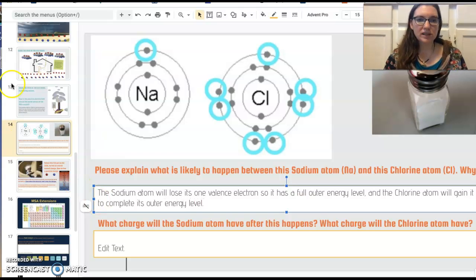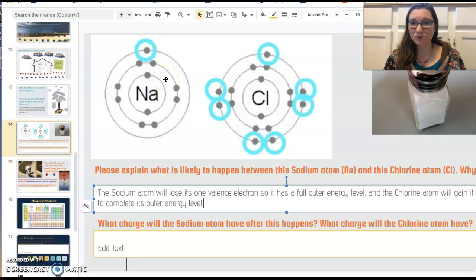When sodium loses that one, then that outer energy level just basically goes away. There's nothing to fill it up, so it's just not there anymore. So now this one has a full outer energy level, and this one has a full outer level.